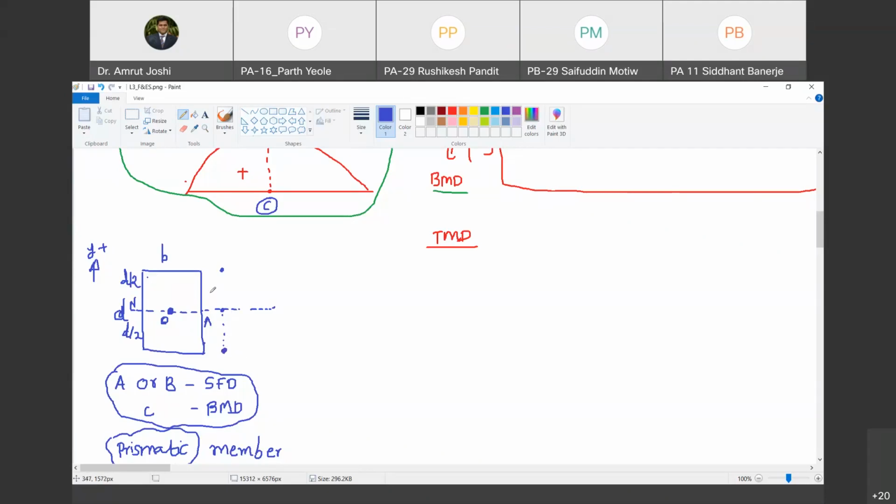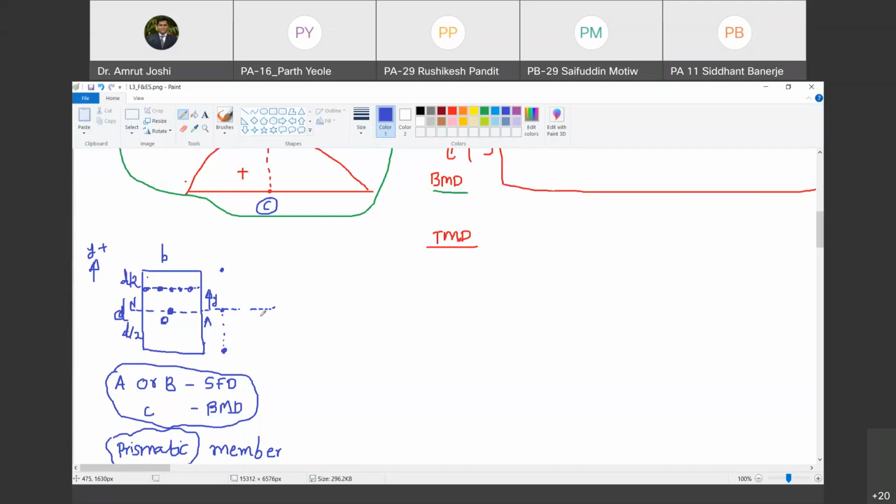Let us say I am at distance y from the neutral axis. Are you with me? Yes, sir. So there are n number of molecules lying at the same location, same depth. So I asked myself a question: how much is the shear stress that these molecules must be experiencing? Are you with me? Yes, sir.